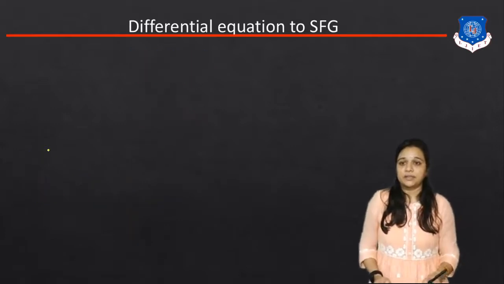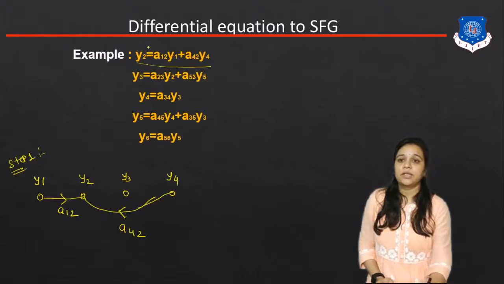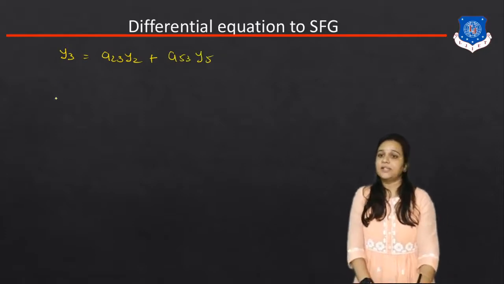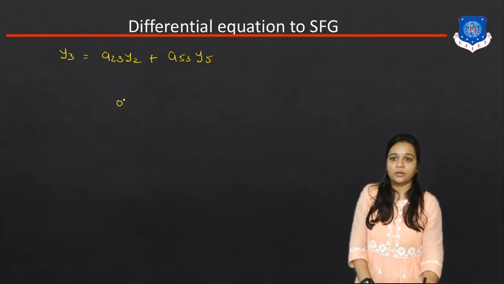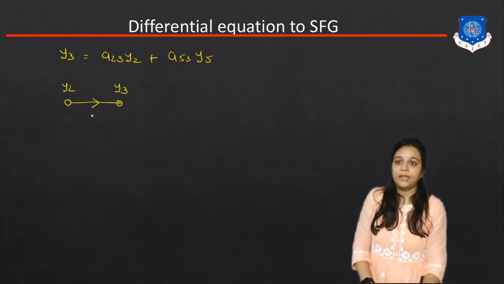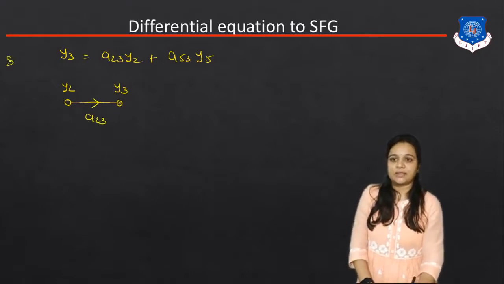Now the next equation is y3 equals a23 y2 plus a53 y5. Y3 is my output signal, so put one node y3. For y3, y2 is the input signal, so we put y2 here, and the gain from y2 to y3 will be a23. This is my step number 2.